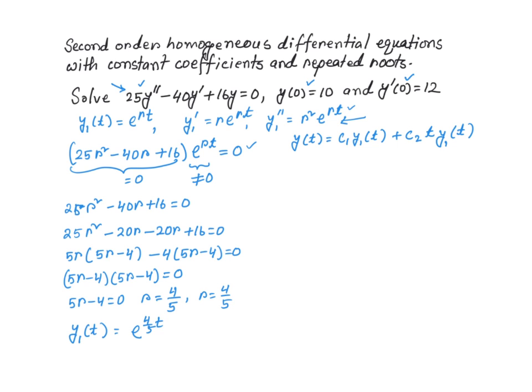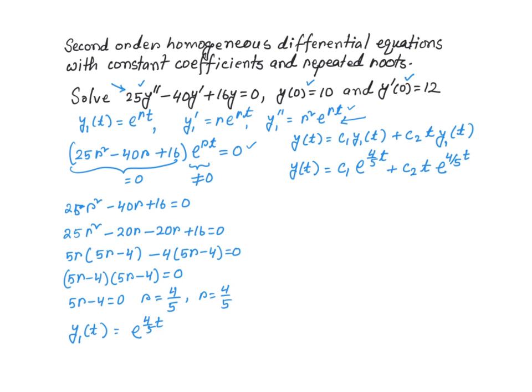And I'll just plug in these values. So y(t) is going to be c1 times e^(4/5 t) plus c2 times t times e^(4/5 t).